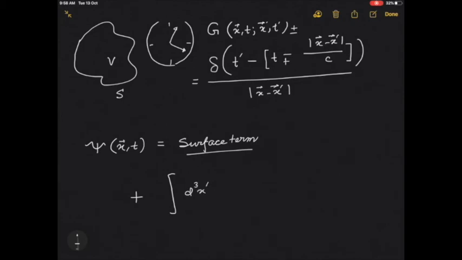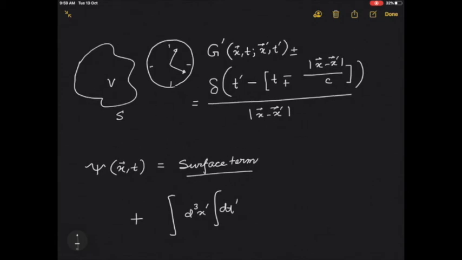But then I have plus this term as the, this is how I write the solution once I have got the Green's function. And what I am saying is that the Green's function is for a problem where my boundaries are at infinity.